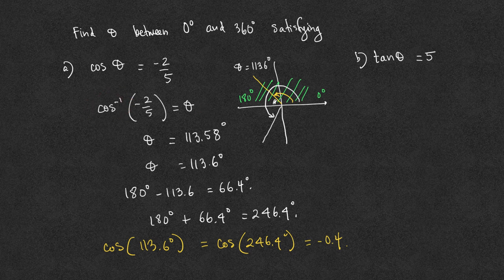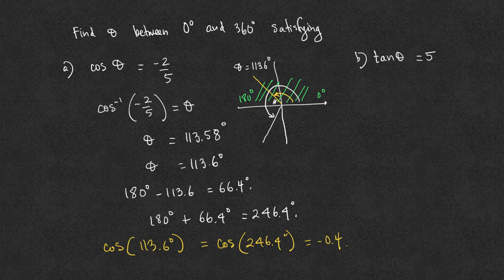If the question simply asks us to find cosine inverse of -2/5, then the only answer is 113.6 degrees and we are done. But the question asks us to find the angle between 0 and 360 degrees as long as the angle satisfies this condition. And we found two in this case.